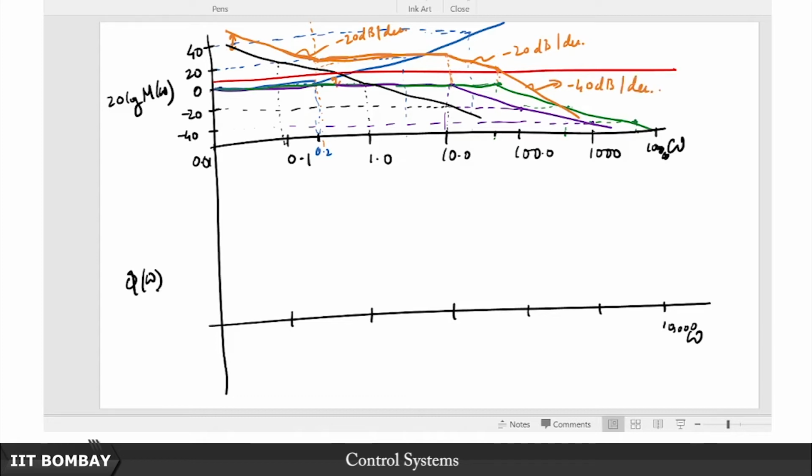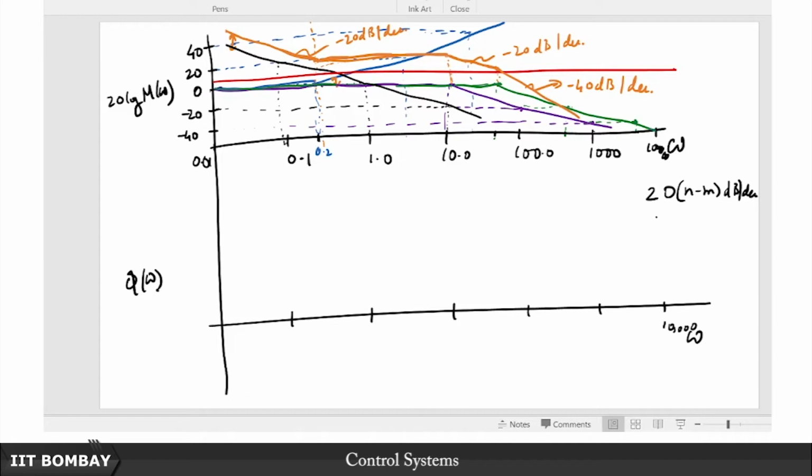And eventually you see it will descend at a slope that is equal to, it's again a no-brainer, it's going to be 20 times n minus m dB per decade. So n is the number of poles, m is the number of zeros, so n minus m is then the relative degree.